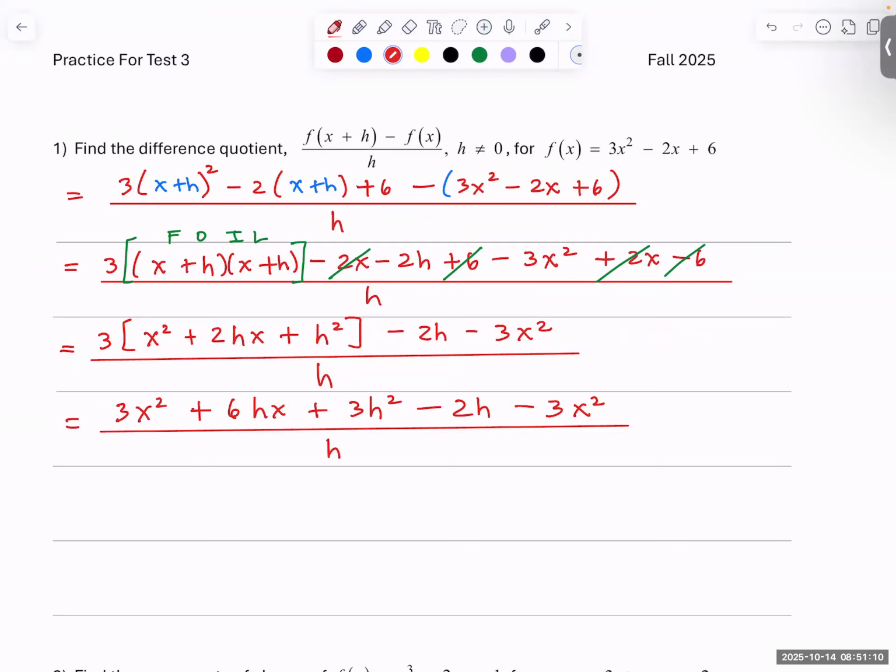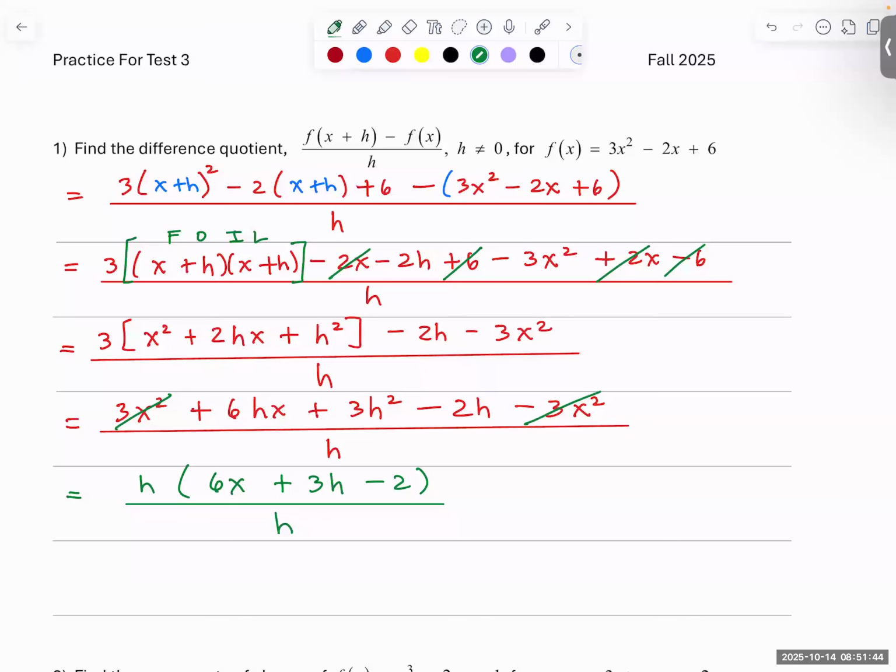Now look for like terms to combine. 3x squared minus 3x squared is 0. Now we have a common factor of h. So we can factor out h in the numerator and distribute h times 6x plus 3h minus 2, all divided by h.